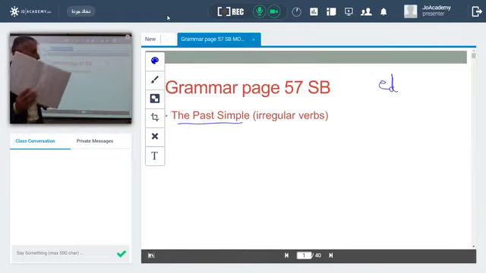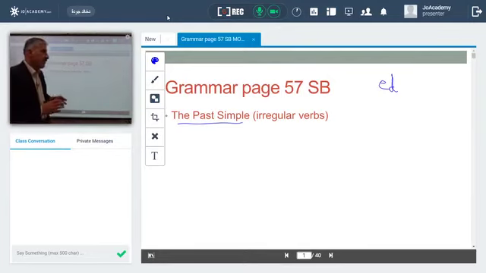We need to memorize the past and the past participle for all these verbs so we can do the right grammar. When we answer some tense, we have to know the form of the verb. Is it past, or is it past participle, or is it present?